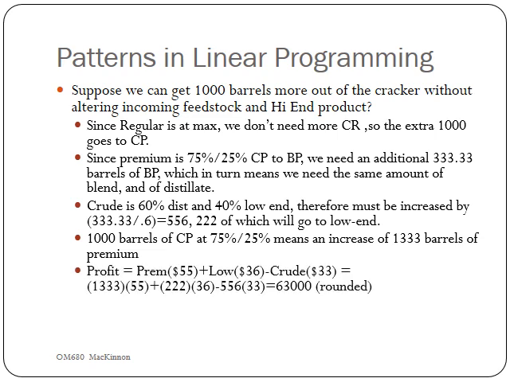Profit equals premium times 55 plus low end times 36 minus crude times 33 equals $63,000, with the decimal points rounded. Therefore, our shadow price is 63,000 divided by 1,000. It's $63, and this is represented by node 3 in the model.